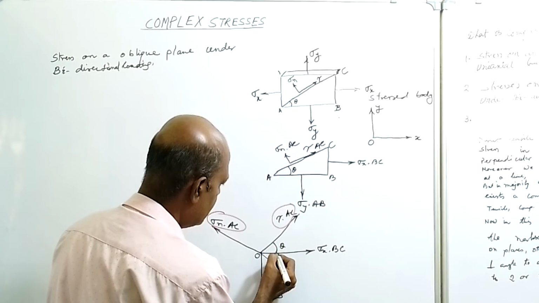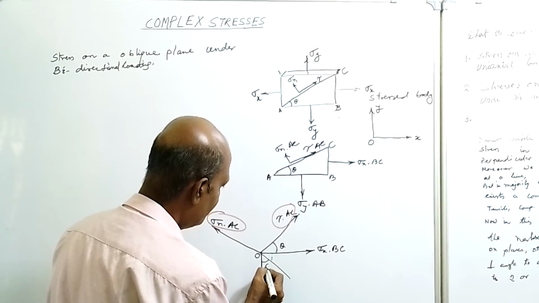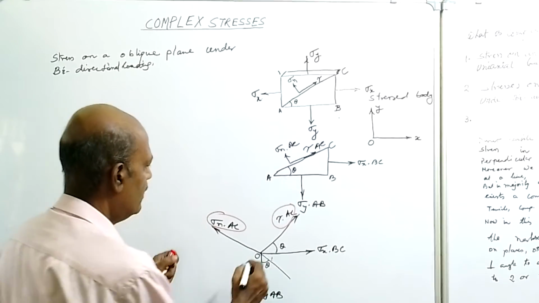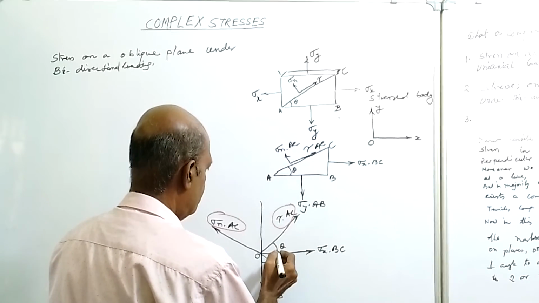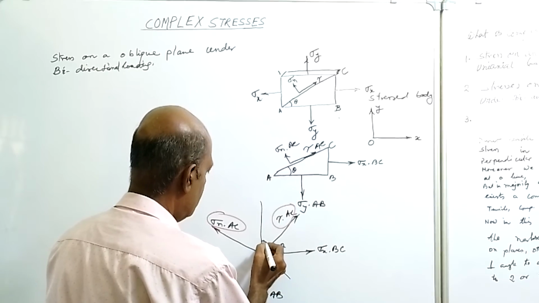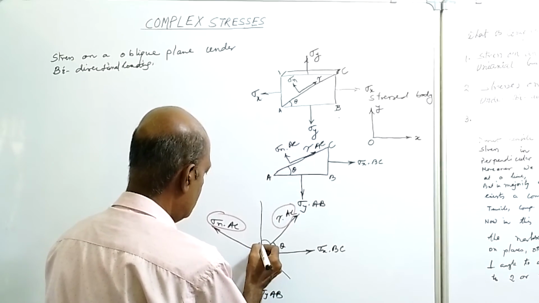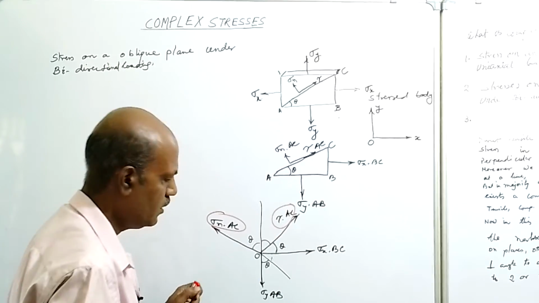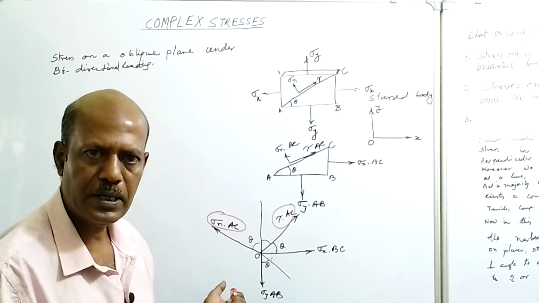Once this angle is theta, this angle will be 90 minus theta, and this angle is 90, so this will be theta. So that you have to determine geometrically.